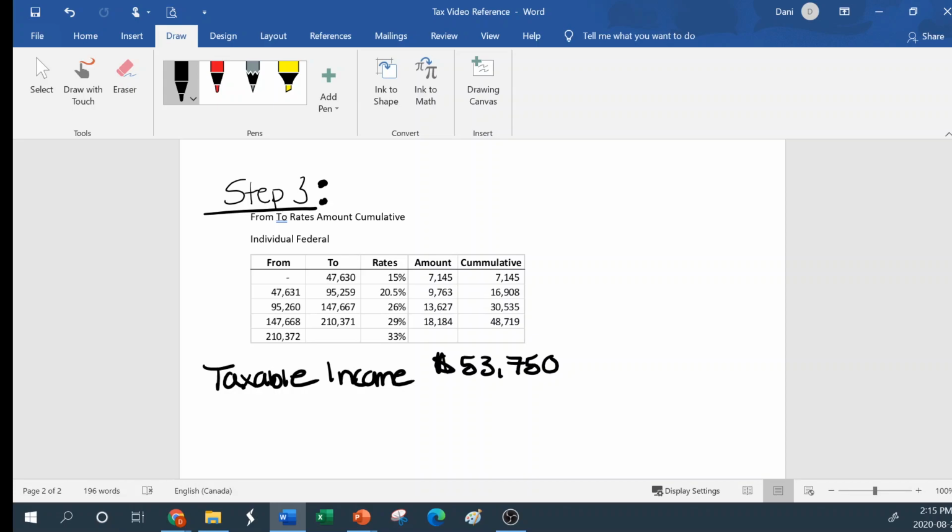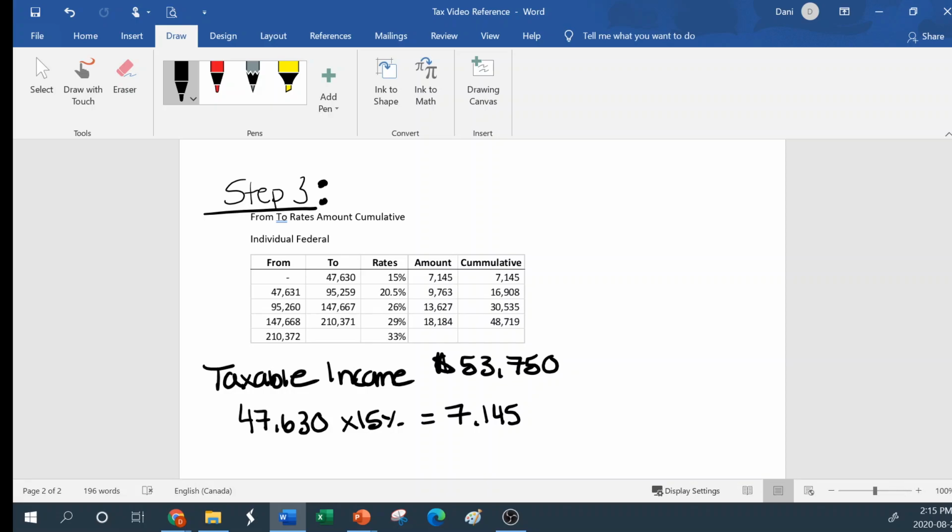So the first $47,630 is going to be at 15%, which the chart already tells us is $7,145 that we for sure owe in tax.